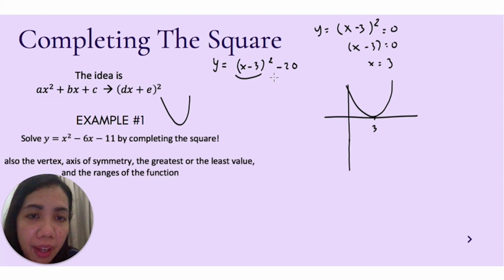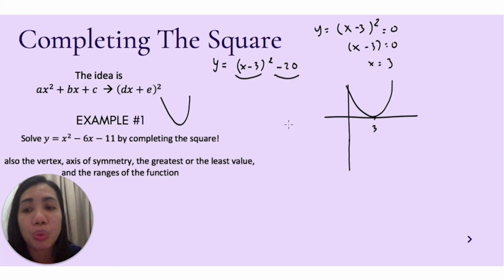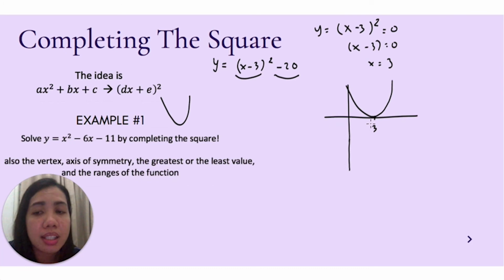We actually have another part, which is minus 20. What does it mean if we have another part, which is minus 20? It means that the parabola will go down, because this is minus. The minus means the parabola will go down as far as 20 units. So for example, in here is y equals 0. So the vertex will be here, at minus 20.